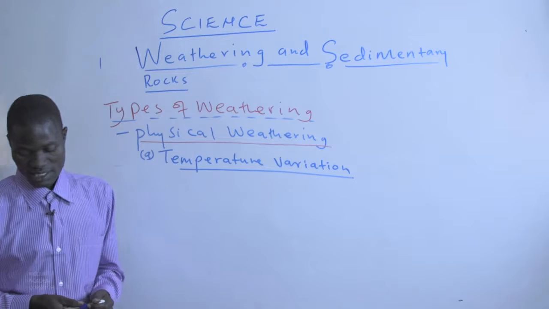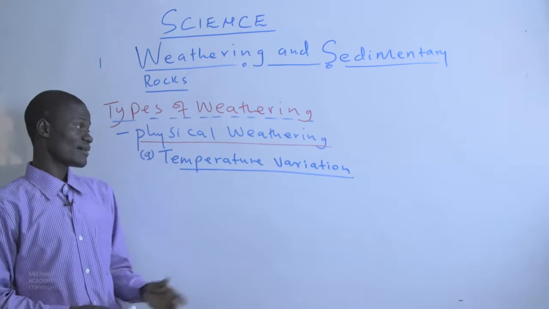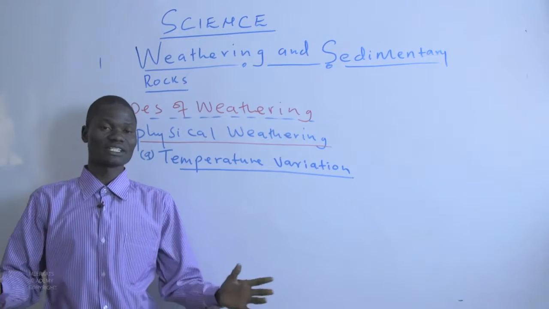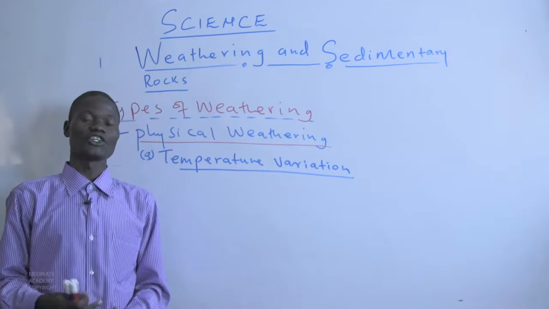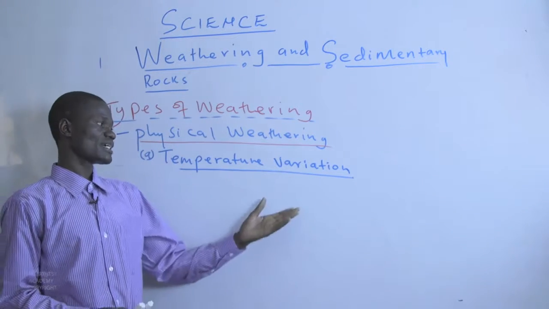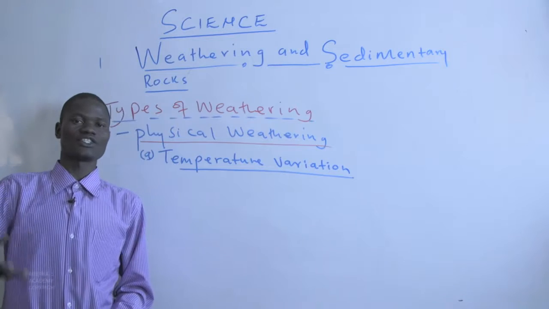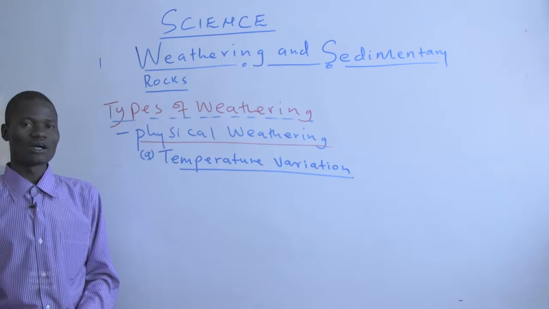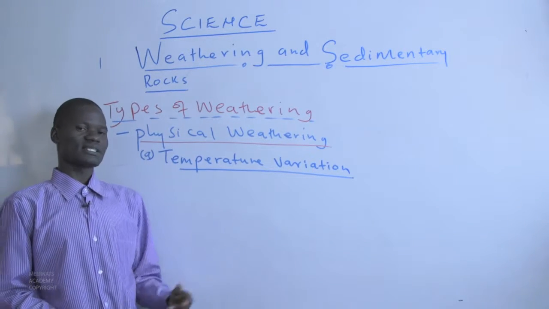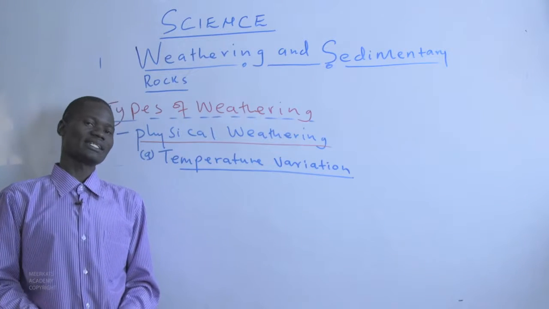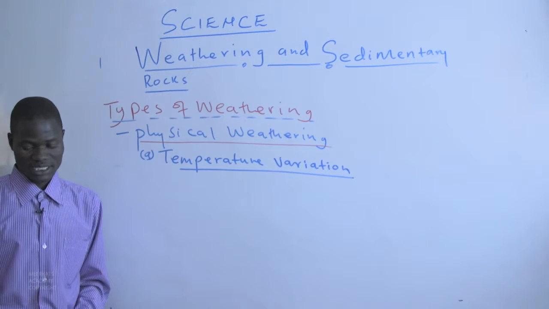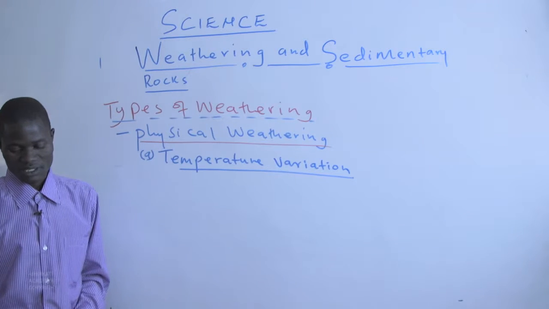When you look at temperature variation, most of the time during the day, temperatures on Earth's surface tend to be relatively higher compared to the temperatures at night.